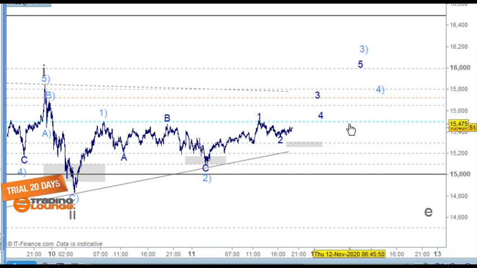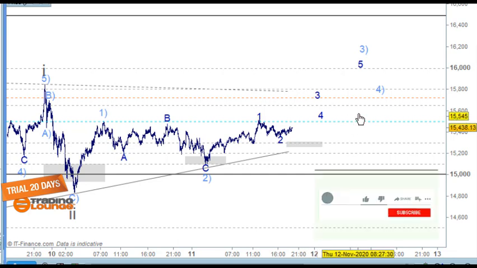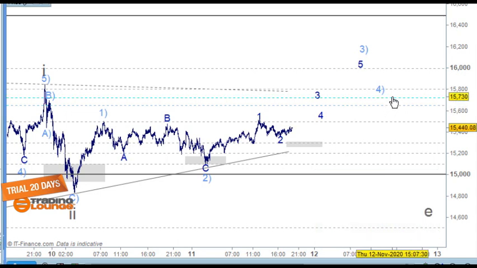So we should see a little dance across here and then find support and then kick up into what I call group 2, which is 65, which is 15,650, 72, which is 15,720 in there somewhere, and then number 8 here, the 8, 65, 72 and 80.